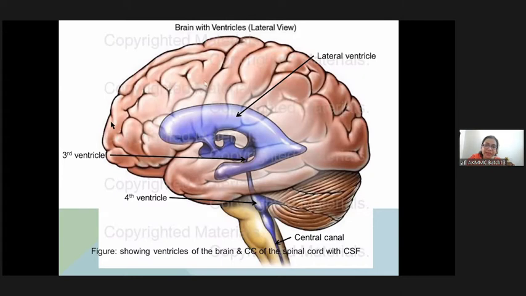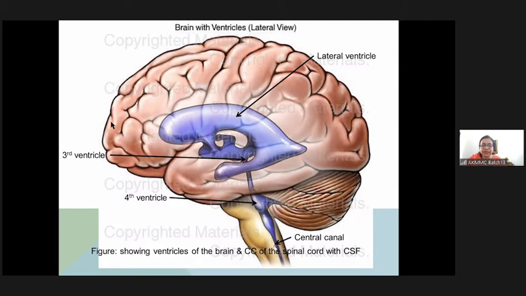Cerebro means cerebrum, and spinal means spinal cord. The fluid inside the cerebrum and spinal cord is cerebrospinal. And what are those cavities? Inside the cerebrum, there are two lateral ventricles, on both sides, right and left. Below this there is a third ventricle, and in front of the cerebellum there is a fourth ventricle.